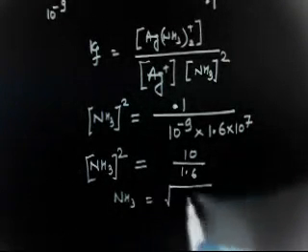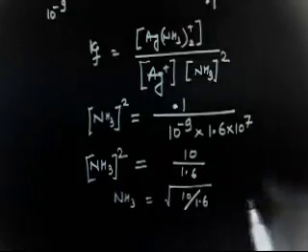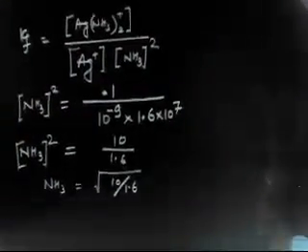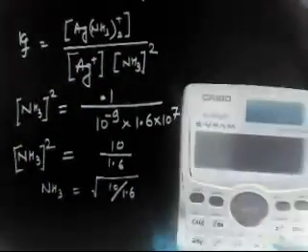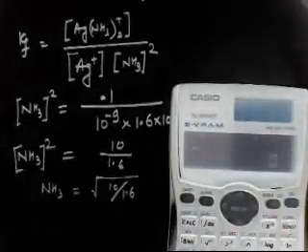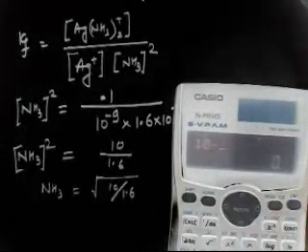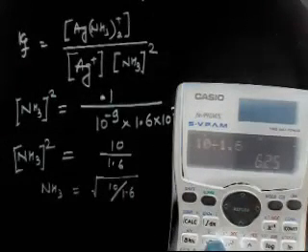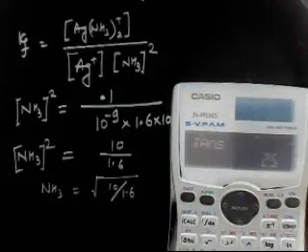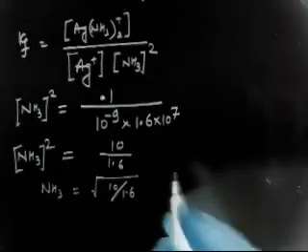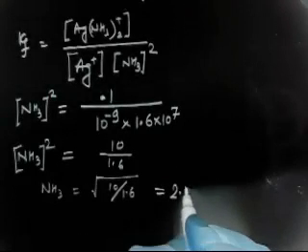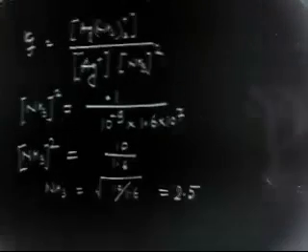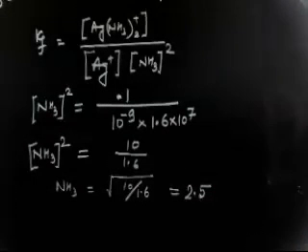Are you getting it? Now I can solve: 10 divided by 1.6 comes out to 6.25. I have to take the root of the answer, which is 2.5. So the concentration of NH3 required in this solution is 2.5.